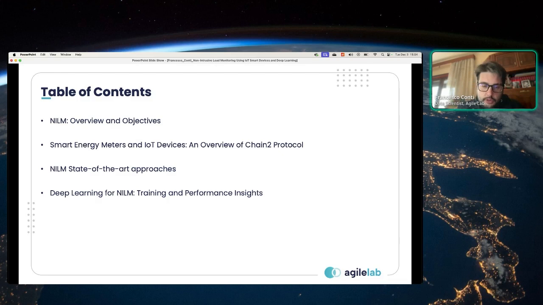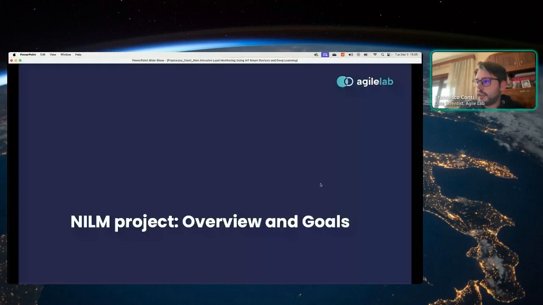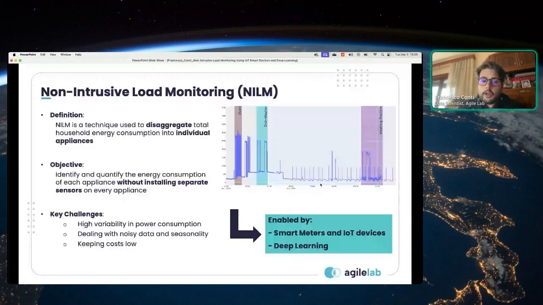Indeed, in literature, you have papers working with high resolution data, but when you try to apply these to data from smart energy meters, especially in the Italian market, you have low resolution and irregular sampled data, so you have to deal with it. And we are going to see how. Okay, step by step.